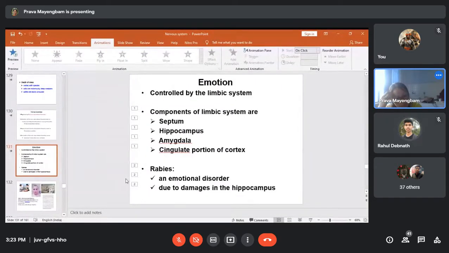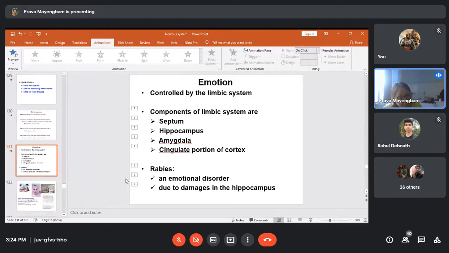Okay, thank you, ma'am. At what stage exactly the virus is excreted in the saliva, I don't remember. But the thing is, if the dog has bitten the leg of another animal, then the virus has to travel a long distance to reach the hippocampus.